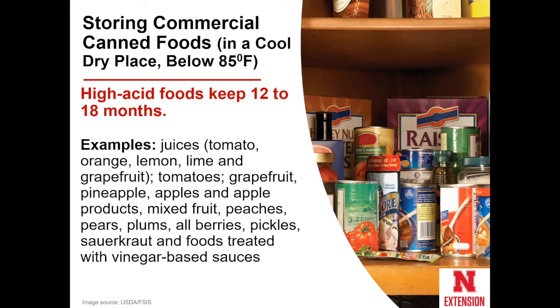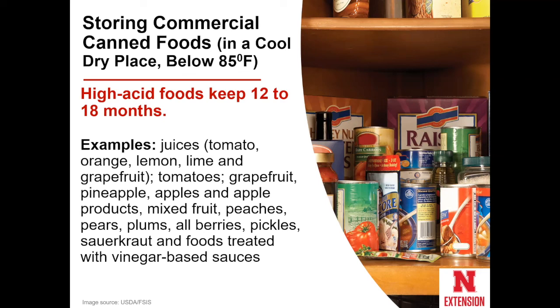For canned food products, a lot of us are relying more on canned foods during the pandemic. We kind of stocked our pantries. But a good idea is first in, first out. You want to use the foods that you purchase first. You want to use those up before using foods more recently purchased. Foods with a high acid content usually are good anywhere from 12 to 18 months.